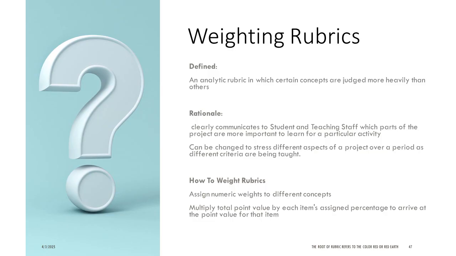For example, if we have the grade out of 100, we are going to divide our grade according to different criteria, or according to the importance of each criterion, and then we are going to multiply it by the 100 in order to get the point value for that item.